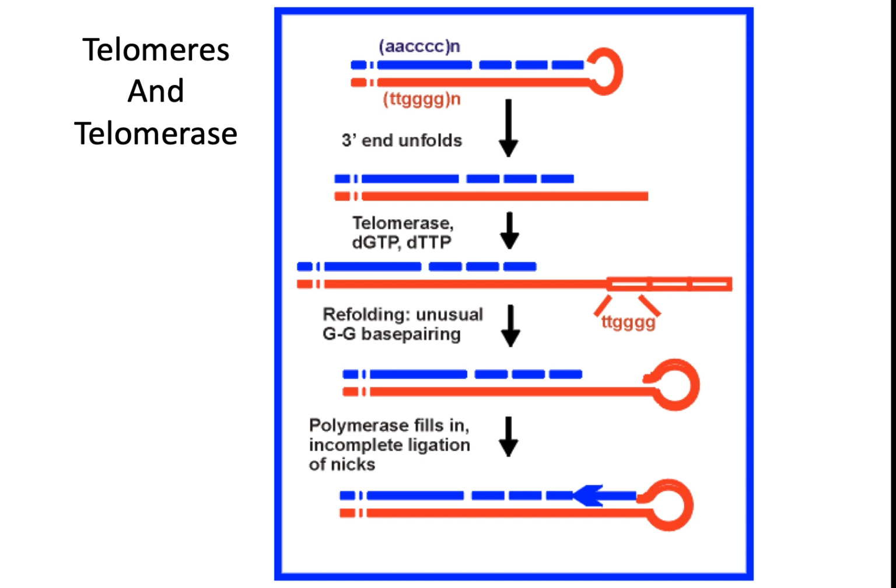And finally, the last nicks are connected together with DNA ligase. So that completes the telomere. So this was a very important innovation that allowed these long linear chromosomes in eukaryotes to evolve. Otherwise, they would not have been possible.